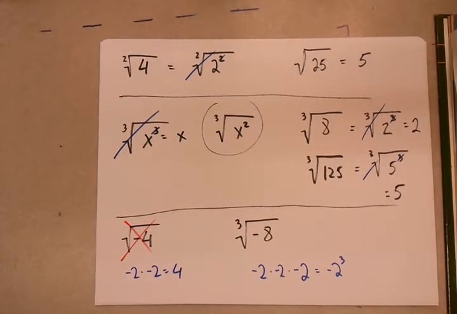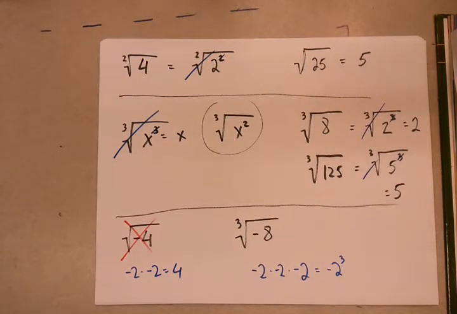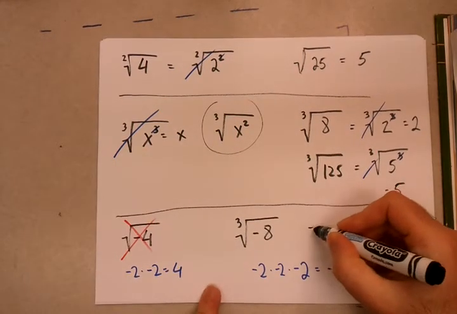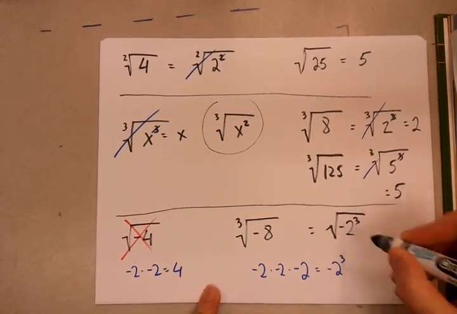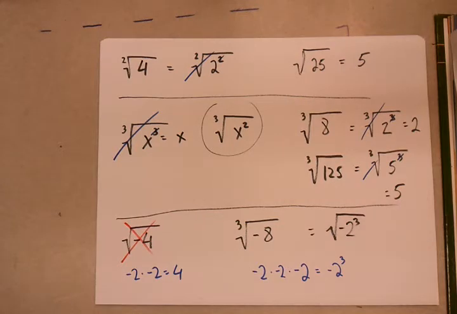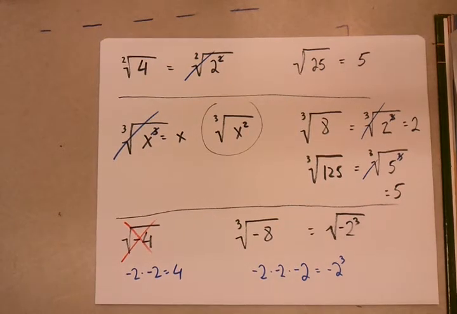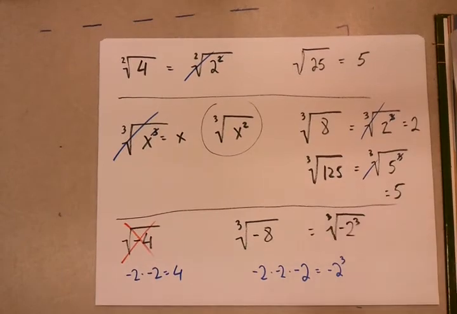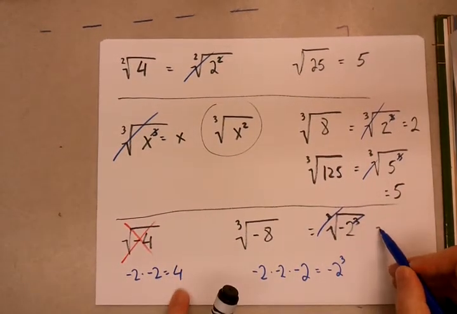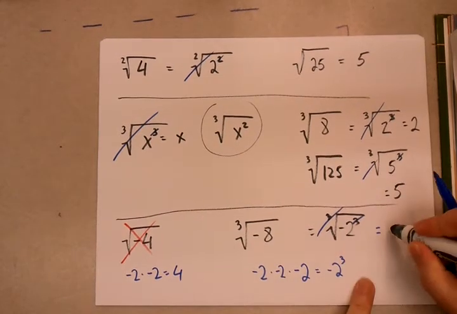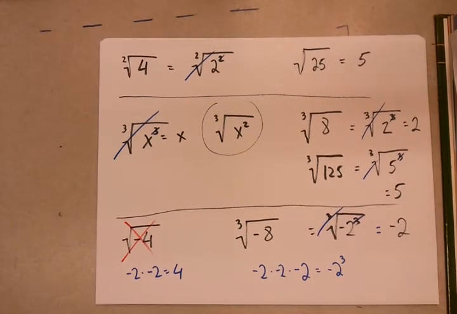So in cube roots, you can have a negative underneath the root because it's an odd power, and with an odd power, the negative times a negative times a negative will yield a negative outcome. So in this case, the negative 8 can be represented as a negative 2 to the third power, and that cancels out just fine. And the answer in this case is just a negative 2.